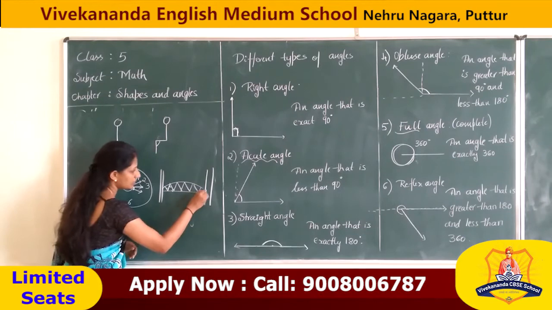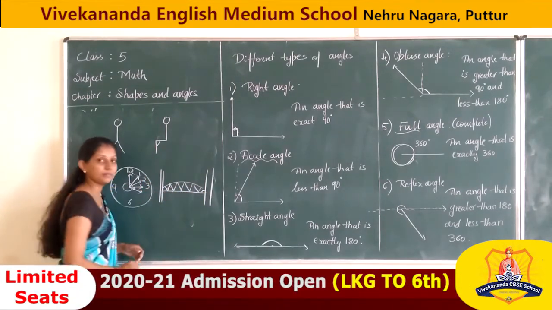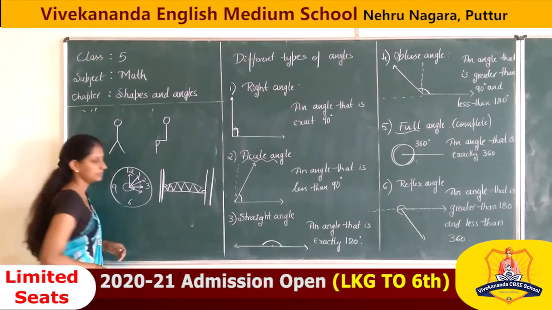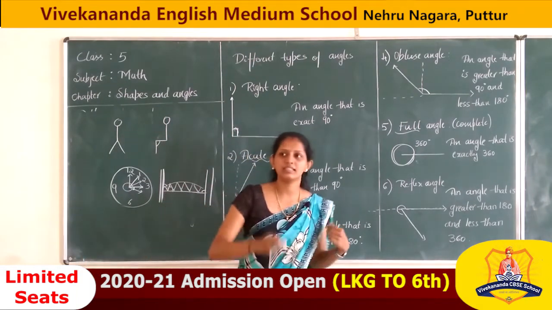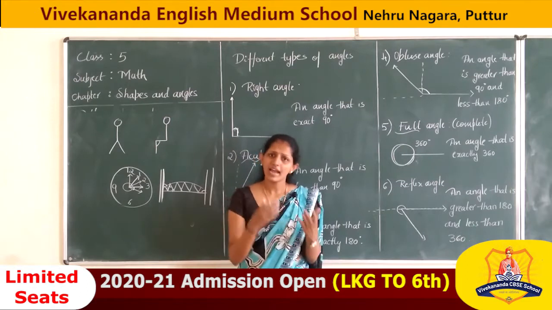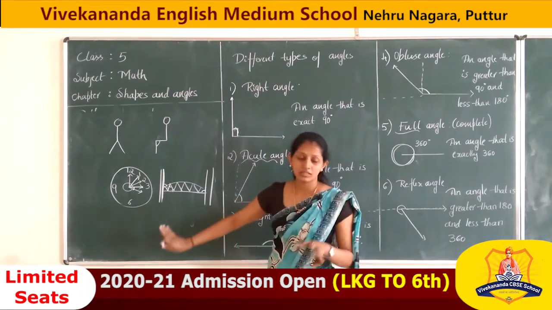What is the angle between here? What is the angle of this straight line? Correct? There are so many angles in our surroundings. You have to identify them. That's all. So, this bridge is over.